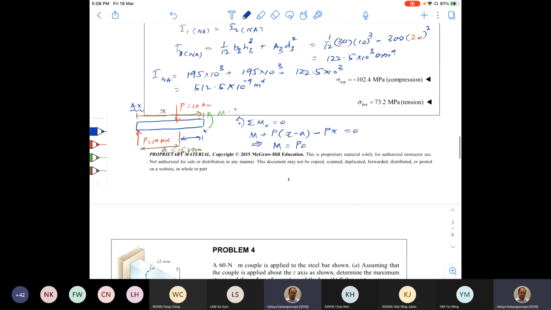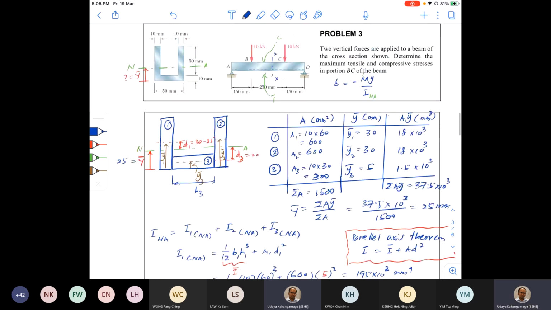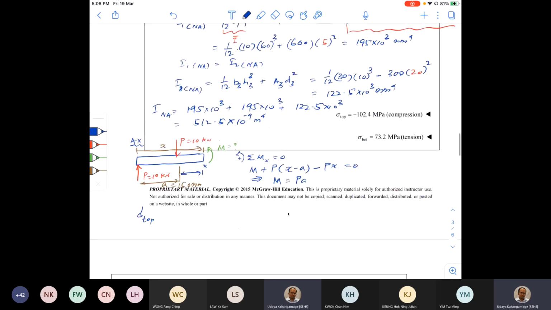So now it is a matter of substituting the numbers, right? Sigma, we want to find out the top. On the top it is a compressive force, right? Stress, sigma top is equal to negative M Y top divided by I_NA.